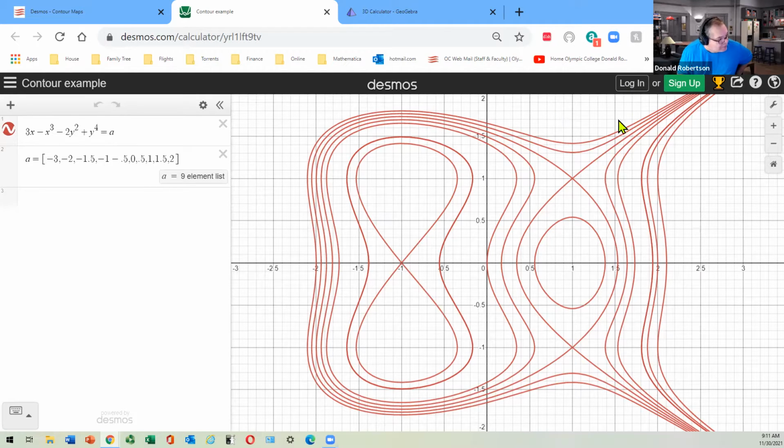So each one of these lines represents all the points with the same z value, right? The same height. And so when you look at this, can you see that it's like a hill here and like some kind of double hill here? Can you imagine what that shape would look like as a surface? And that's what you're doing here. You're visualizing a surface. Both those things, the 3D rotate thing does that job.